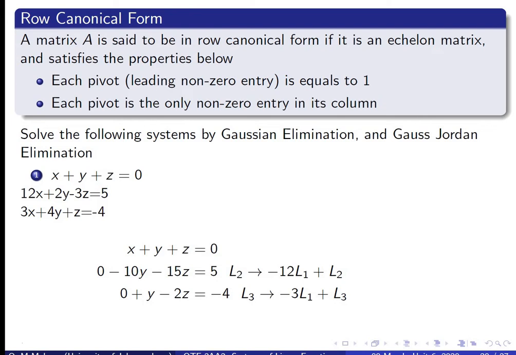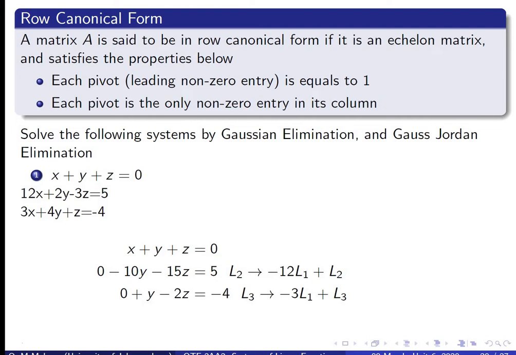Just note that Gaussian elimination is used to reduce the system into echelon form, whereas Gauss-Jordan elimination is used to reduce the system into its row canonical form. What is row canonical form? A matrix is said to be in row canonical form if it is an echelon matrix and satisfies the properties below.